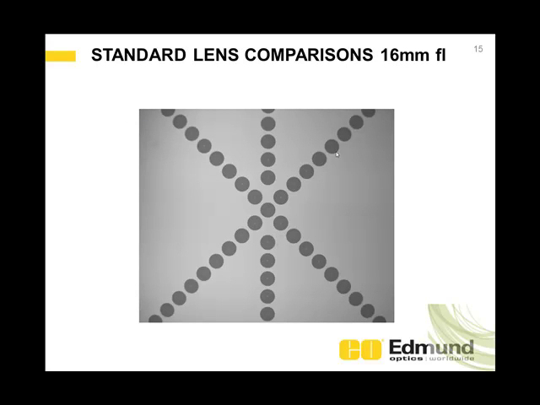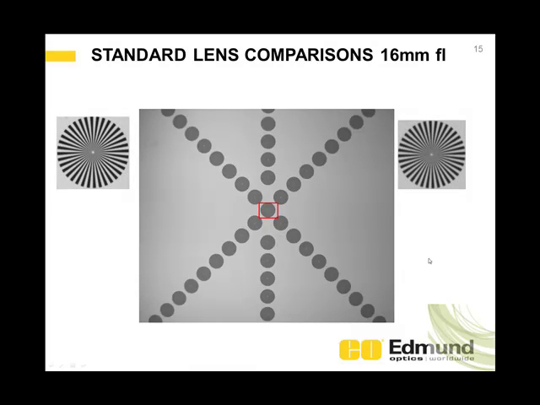So a standard lens comparison test here that you're looking at will show a bunch of star patterns. Here we have two diagonals so we can see what's happening radially and astigmatically, as well as an up-down pattern. And what we're going to do is look at different parts of the pattern and compare two lenses, one on the left, one on the right.